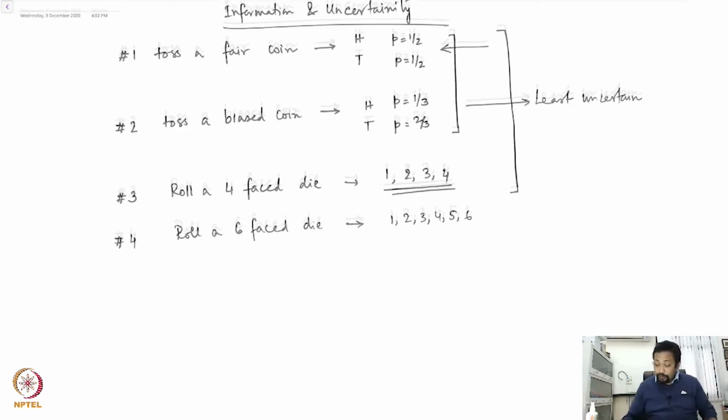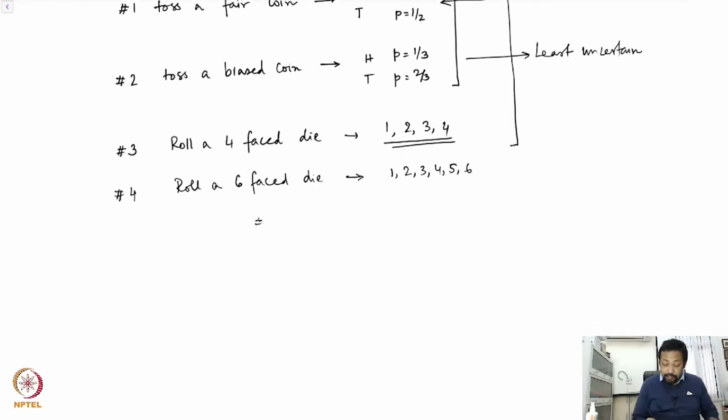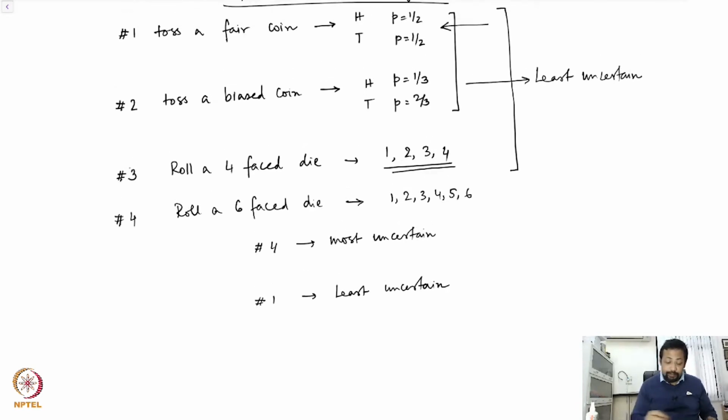So if you were to rank these experiments, then experiment number 4 would be most uncertain, and experiment number 1 would be least uncertain. I do not know how to rank experiment number 3 and experiment number 1.